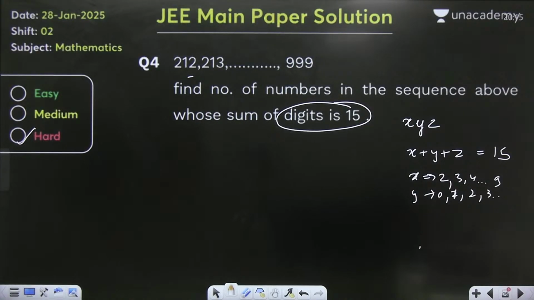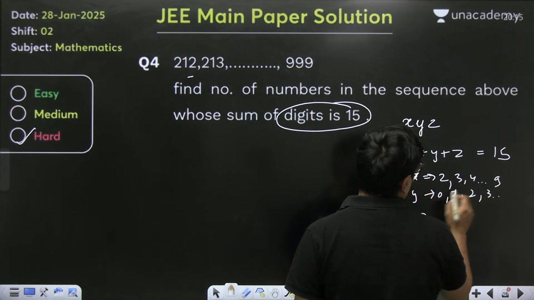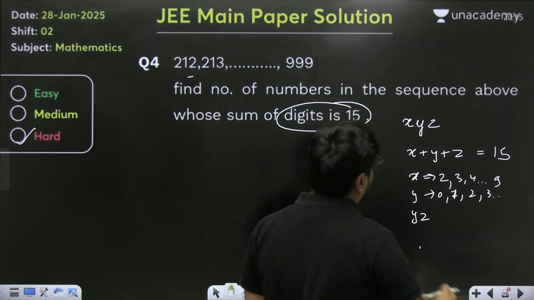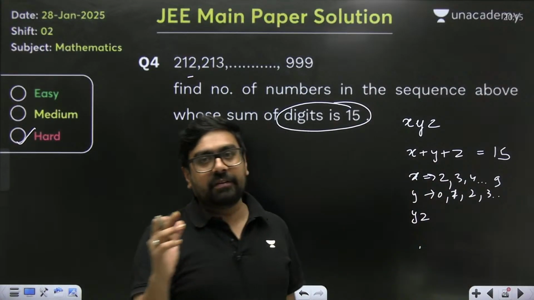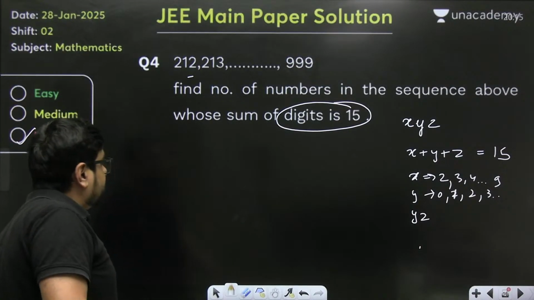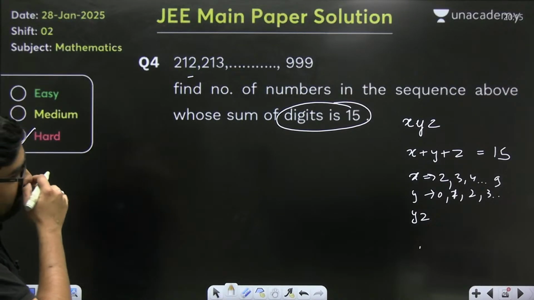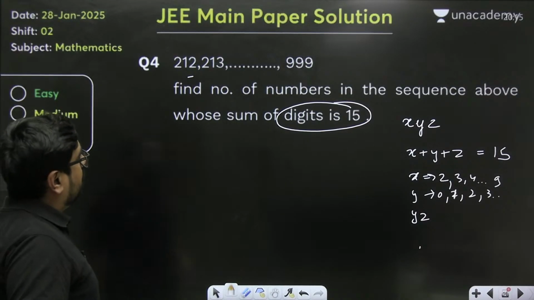So basically coefficient wise only we'll have to solve it. Right? Coefficient wise only we'll have to solve this. The sum should be equal to 15. Right? If x is 2, 3, 4 like that, then y z will be accordingly. So if we are looking at the sum of the digits, then we'll have to go for binomial coefficient. Otherwise, we could solve it. I'm thinking that can we solve it with PNC somehow?